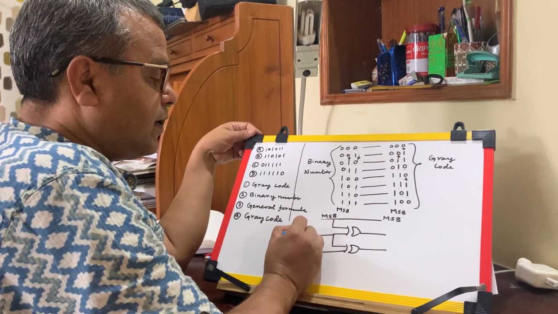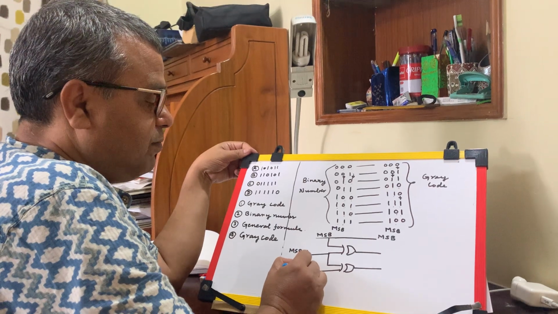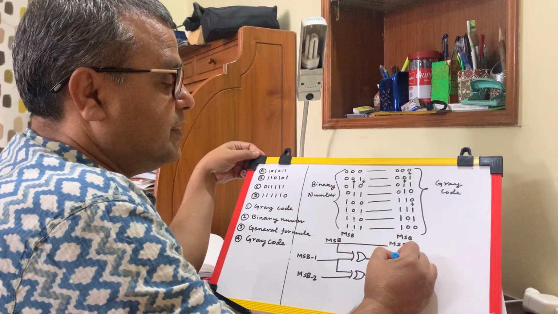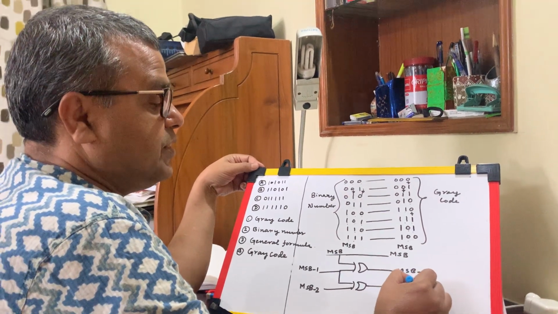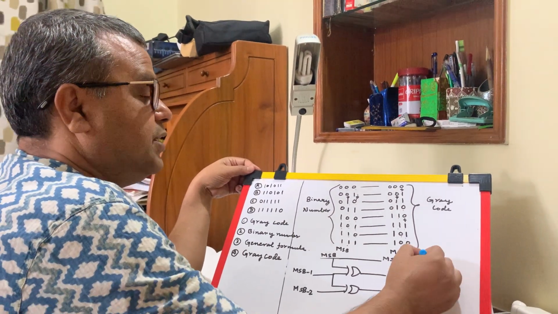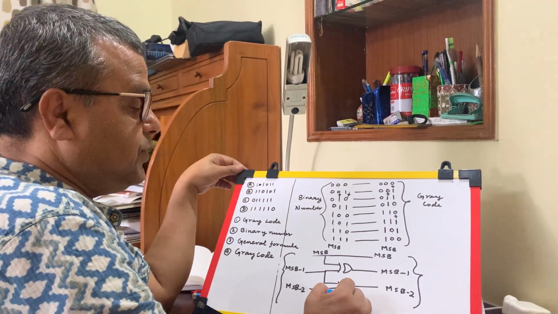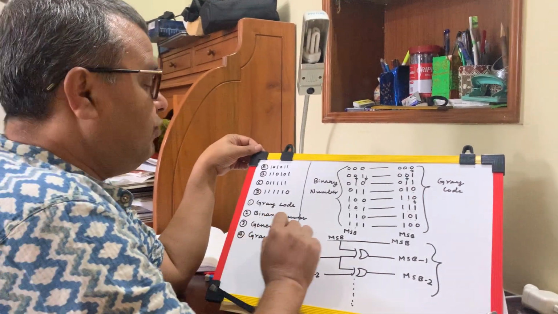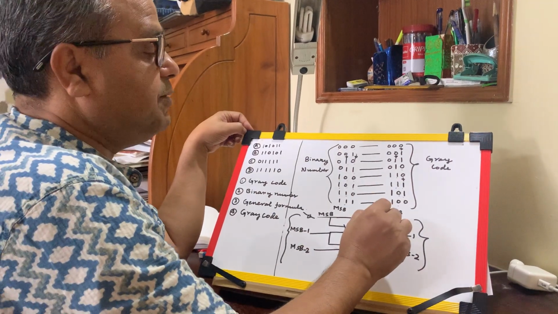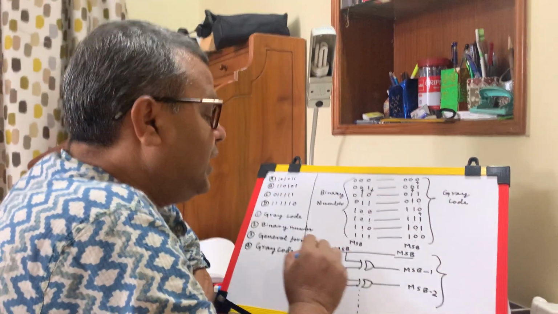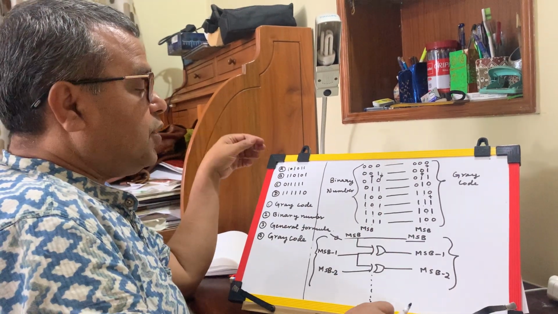Suppose this is the MSB minus 1 bit, this is the MSB minus 2 bit, and these are the MSB minus 1 and MSB minus 2 bits of the gray code, and here it is the binary code, and this will continue. So the general formula is that whatever the MSB of the binary is will be kept the same as the MSB of the gray code, and after that we take the XOR of the previous two bits.